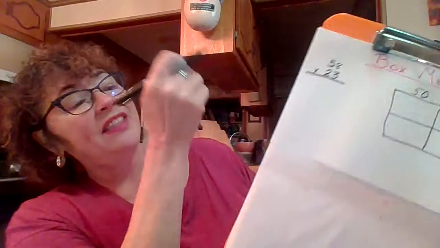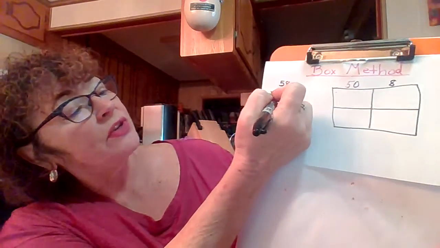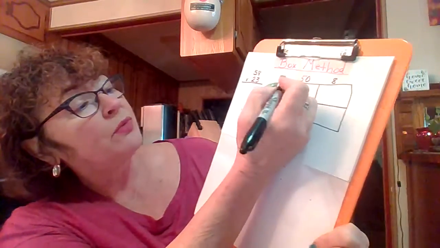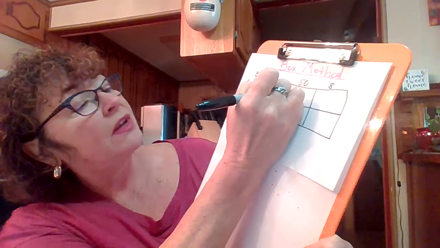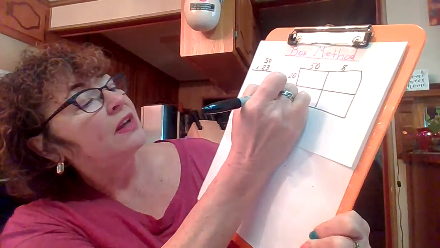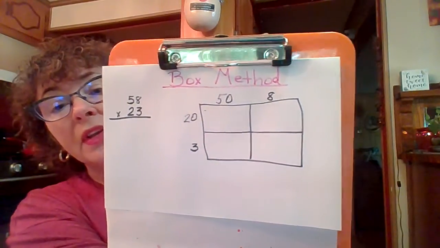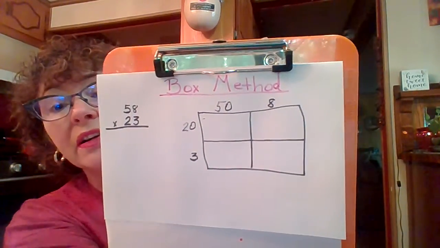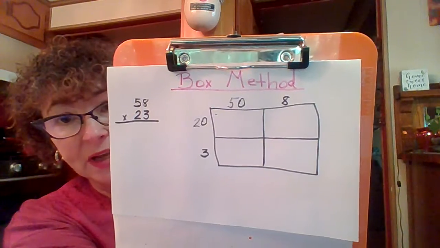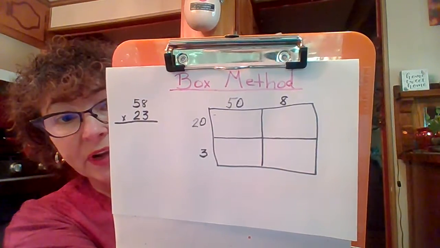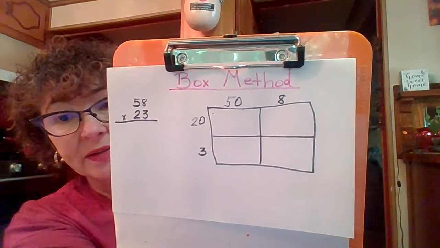Okay. Now the next number is 23, so we're going to do the same thing going down. I've got the 20 and the 3: the 50 and the 20 are in the tens place, and the 8 and the 3 go in the ones place.